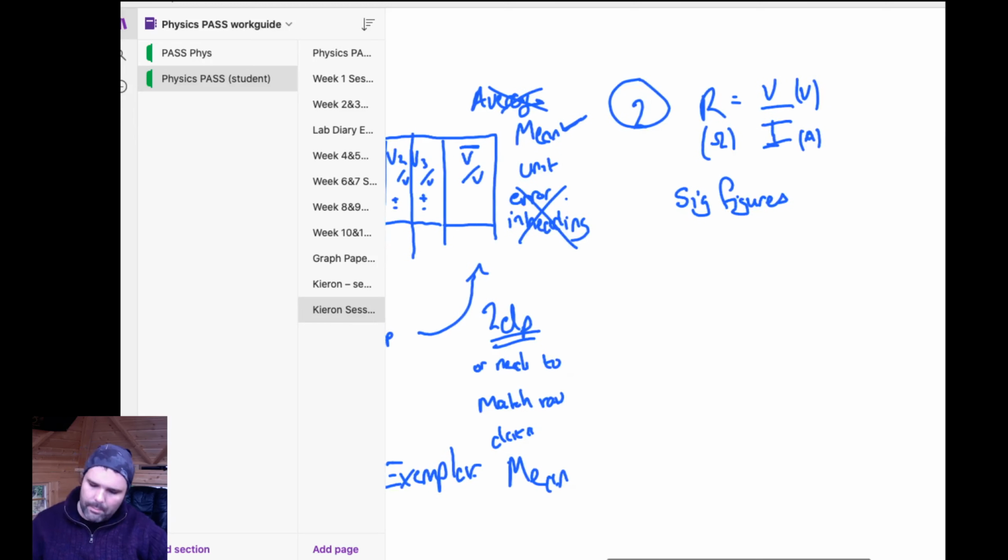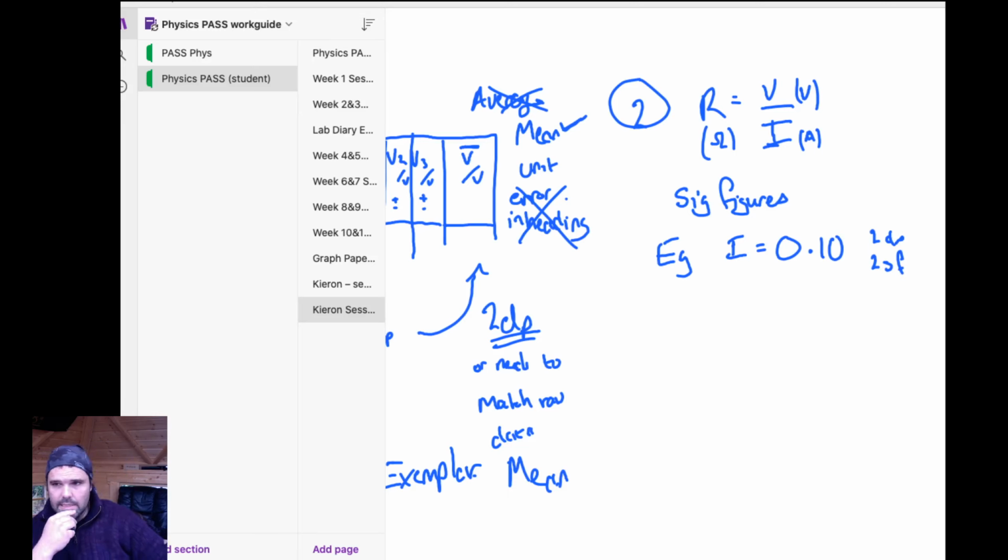So for example, let's say that you used, for a value of R, a current of 0.10. That's 2 decimal places. It's also 2 significant figures. Yes, the 0 is significant, the second one is, the first one isn't. So your 2 decimal places are these 2, your 2 significant figures are these 2.